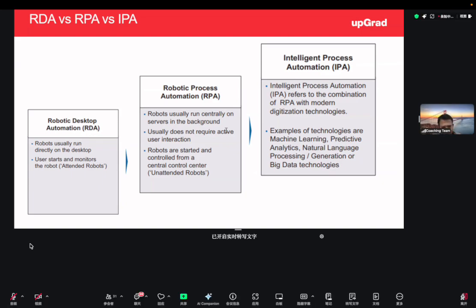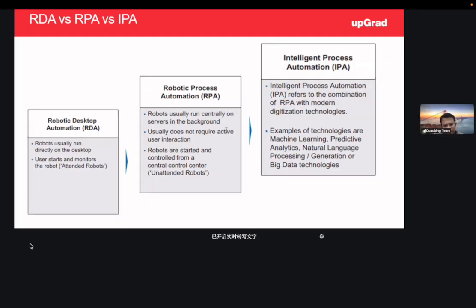We are not even going to RPA. Because they directly run on a user desktop, we use attended bot users in RDA, which is a basic automation. RPA, which is intermediate, as we said, runs on a central server in the background.